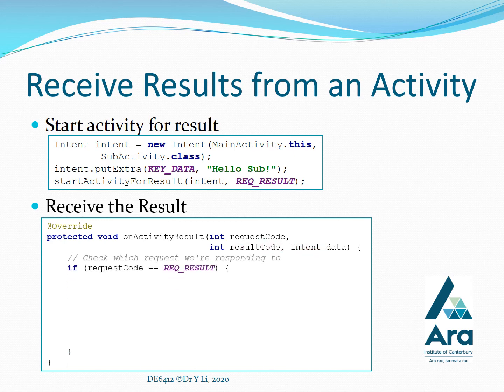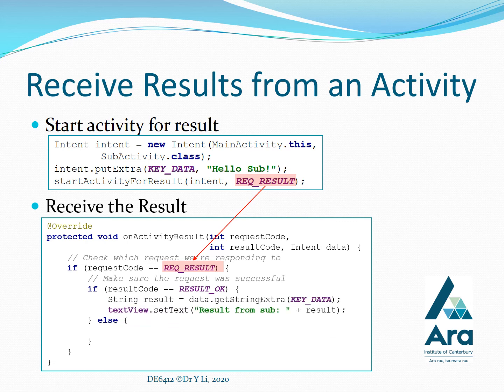So we need to check if the finished activity is the one we just requested. If they are not matched, don't do anything. Also check if the result is okay or not. If yes, do something.